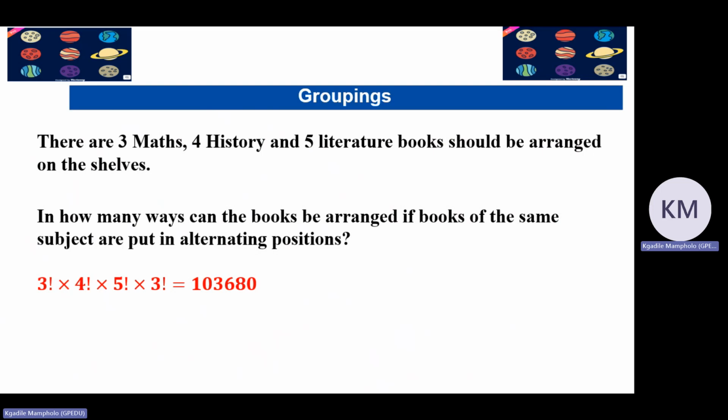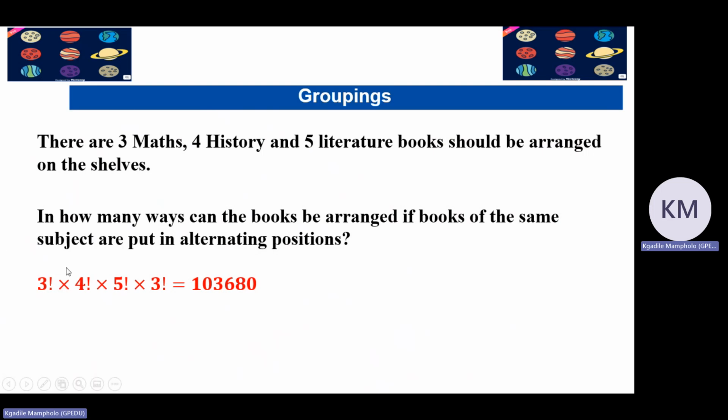Then we'll have 3 factorial times 4 factorial times 5 factorial times 3 factorial. So meaning the maths books together, history books together, literature books together, times the 3 groups, which is 103,680 possible arrangements.